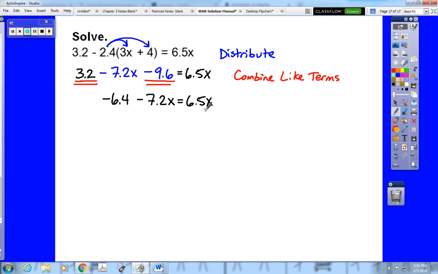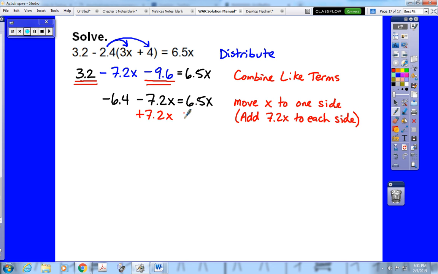Now I have an x term on each side, so then I'm going to move the x's to one side, and I'm going to accomplish that by adding, not subtracting, adding 7.2x to each side. So I'm going to go plus 7.2x, plus 7.2x.